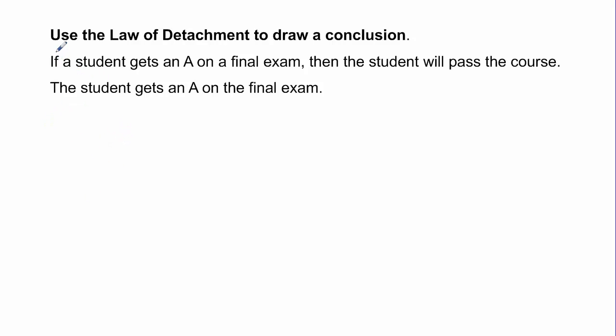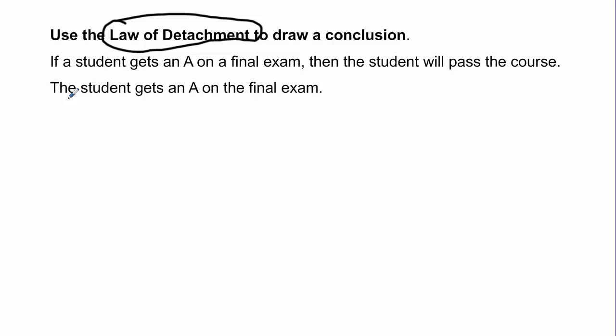All right, here it says use the law of detachment to draw a conclusion. So law of detachment, I already know that I have to start thinking about that. What is the law of detachment? But before I even get into that, I'm going to read this problem first. It says, if a student gets an A on a final exam, then the student will pass the course.